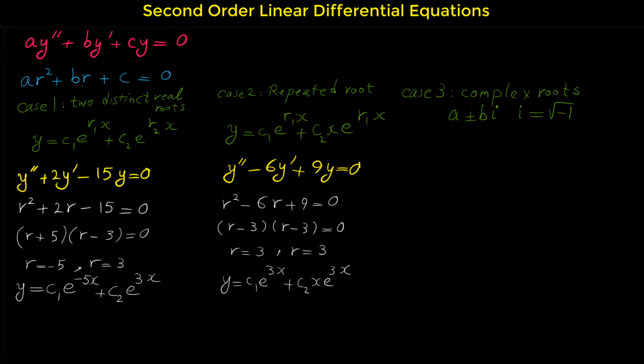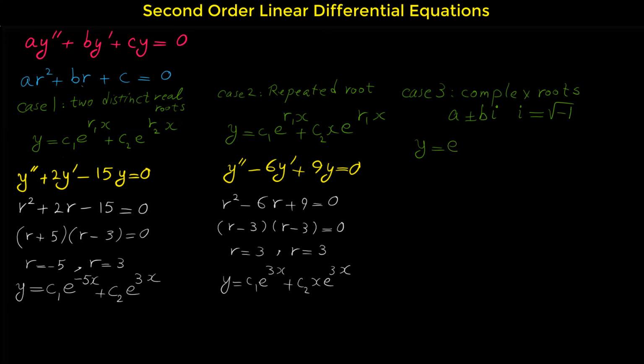So anyway, if we solve the characteristic equation and we get two roots in this form, then the solution of the differential equation has a formula that is a bit different from these two formulas.